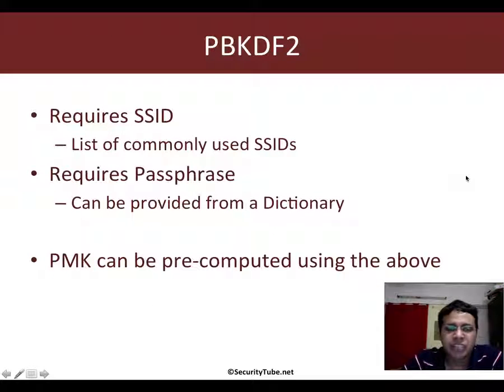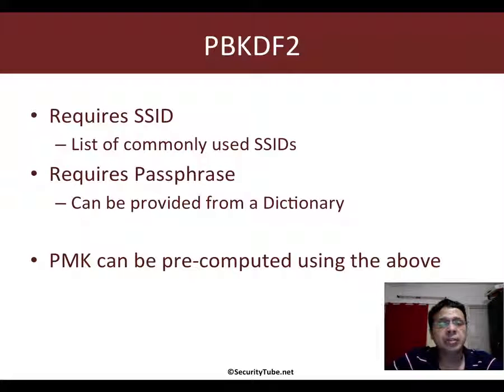Now, if we look at this further, this function requires the SSID. And if you think about it, we could generate a huge list of commonly used SSIDs. A very good place for that is wiggle.net, where they've tabulated millions of SSIDs and ranked them by popularity.